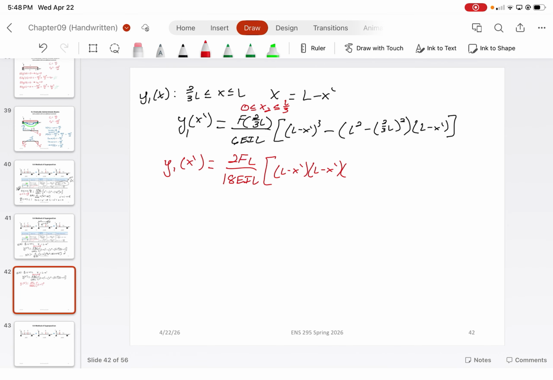L minus x prime minus L squared minus 4 over 9 L squared times L minus x prime.